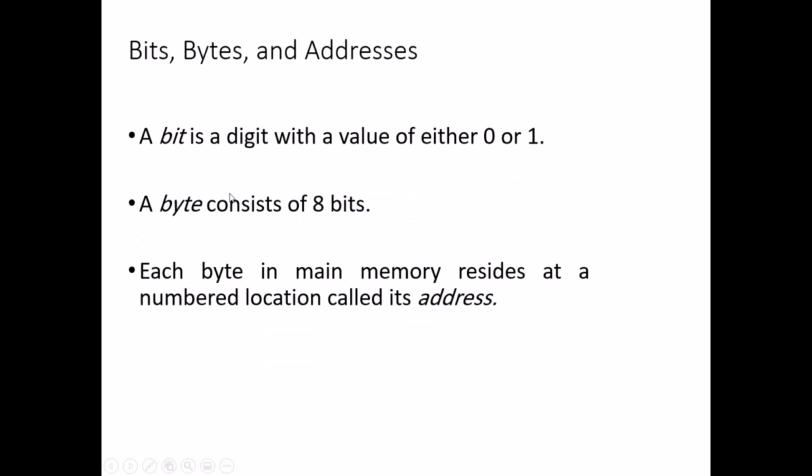A bit is a digit with a value of either 0 or 1, and a byte consists of 8 bits. When you look inside the memory at the electronic circuits, the memory is usually divided into blocks. Each block is 1 byte, a signal of 5 volt or 0 volt.